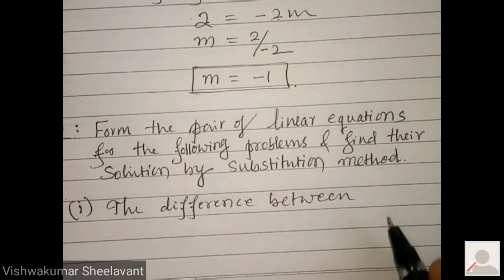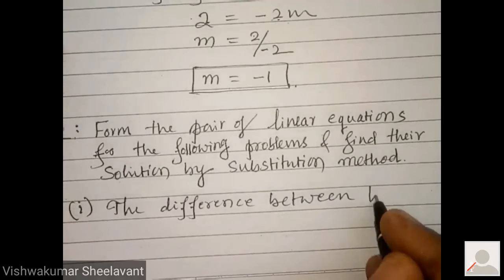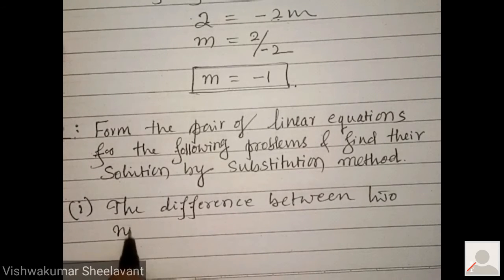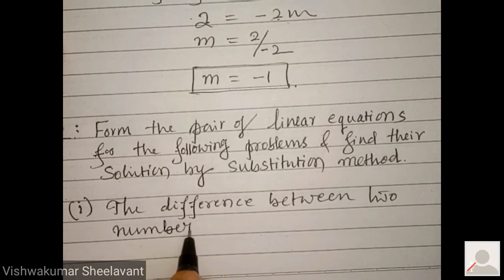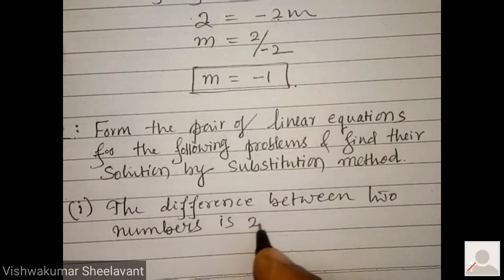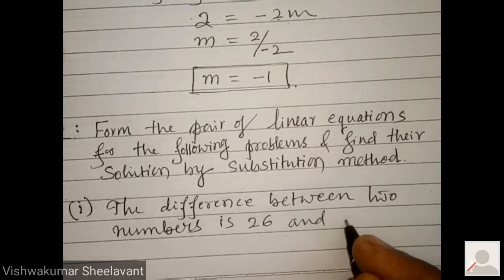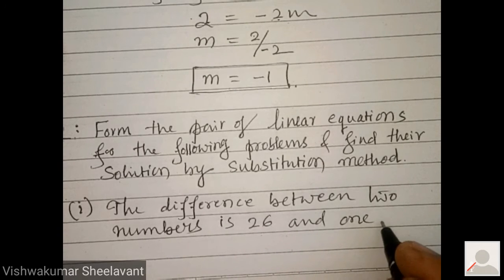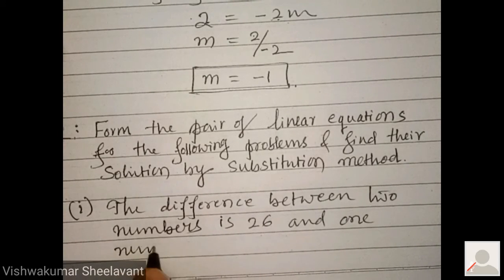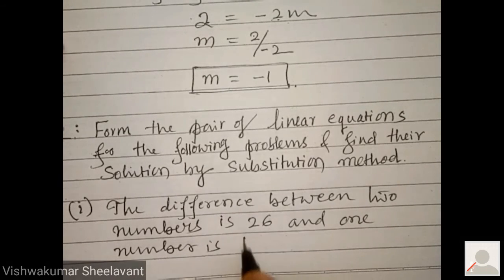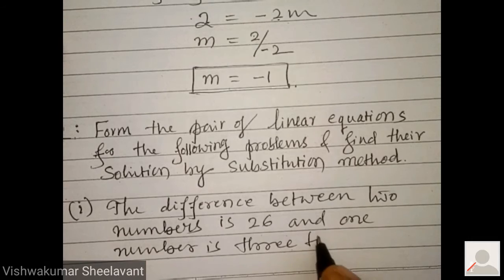The difference between two numbers is 26 and one number is 3 times the other.